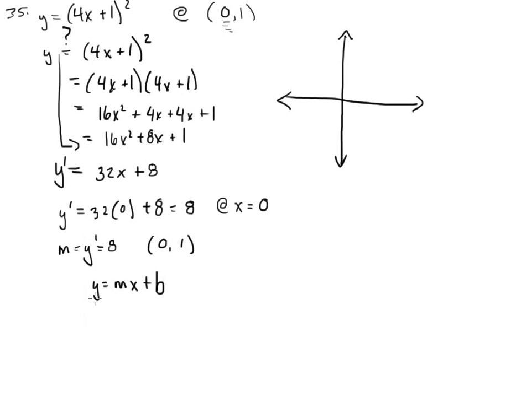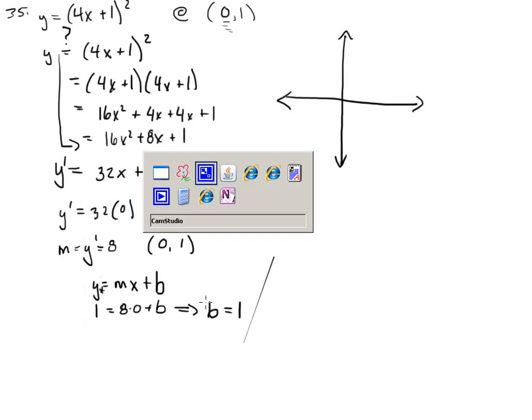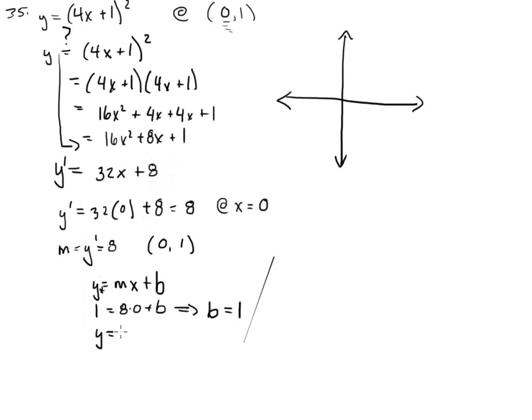So 1 equals m, which is 8, times 0 plus b, so this means that b has to be equal to 1. So our function y is going to be 8x plus 1.